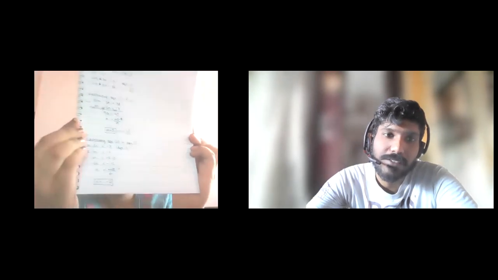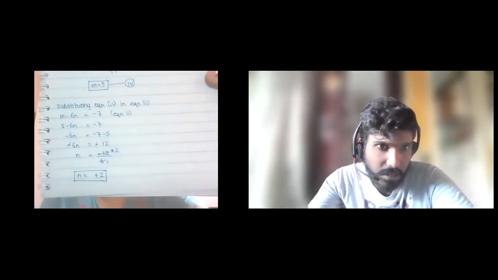Both the sides there is a minus sign, so cancel it. So you have 12 upon 6, that is +2. Fine? Did you understand? Okay. Next sum.